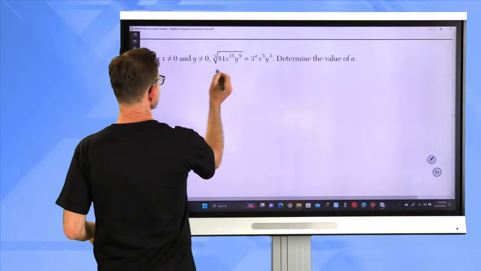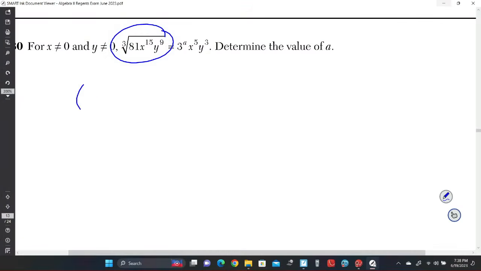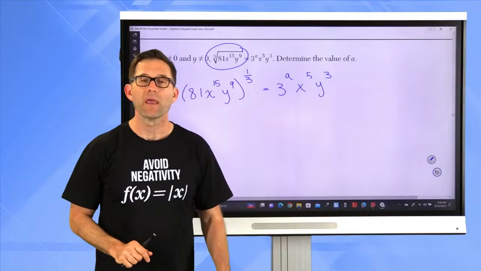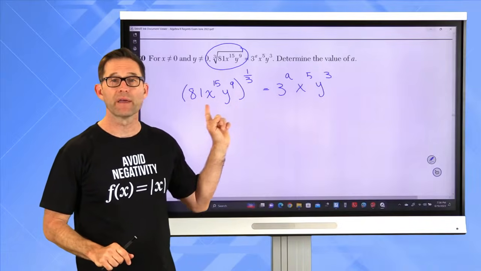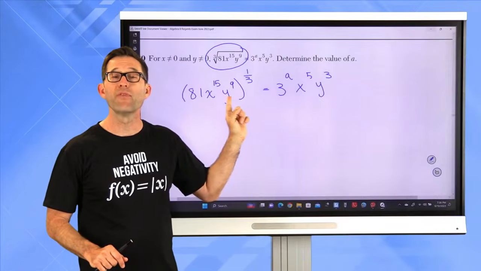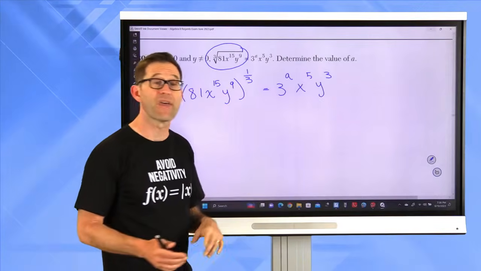Let's replace that cube root with a 1/3 power, because that's what it is. One of the many exponent properties is that if you have a product raised to an exponent, every one of the parts of the product can be raised to that exponent.